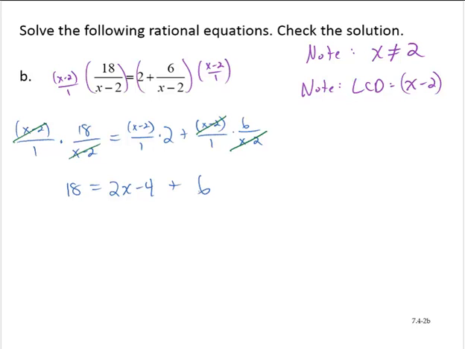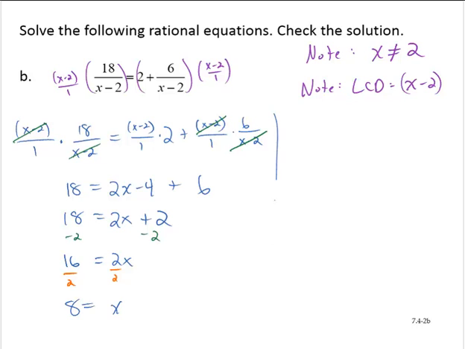And so now I see we have a linear equation in terms of x, and so I'll solve it. If 18 is equal to 2x plus 2, I'll subtract 2 from both sides. And 2x is equal to 16, and then I'll divide through by 2, and x is 8.